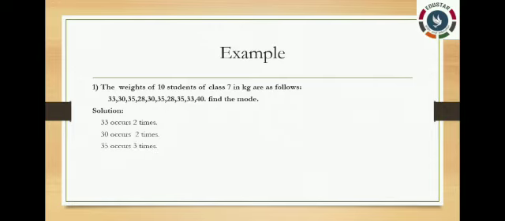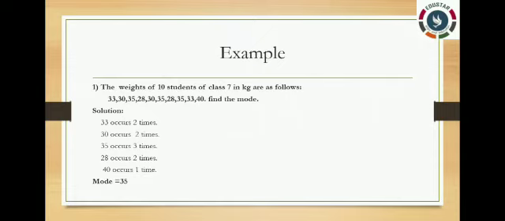The next data 28. 28 occurs 2 times. The next data 40 occurs 1 time. From this, find which data has occurred maximum number of times. 35 occurs 3 times. So, we get mode as 35.